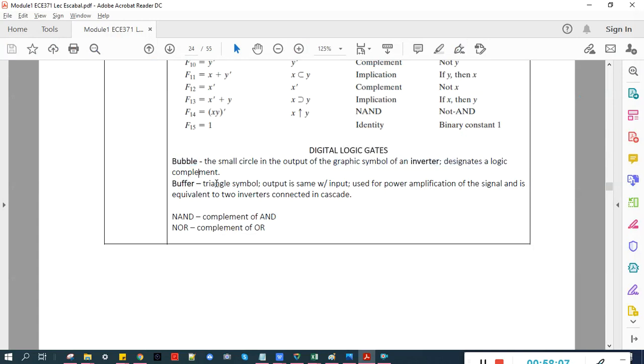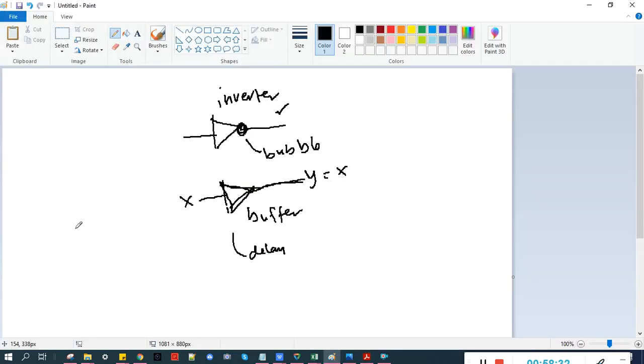The buffer, as I have already explained, has a triangle symbol. The output is the same as the input, used for power amplification of the signal, and is equivalent to two inverters connected in cascade. Why did it say such? Because sometimes an inverter is easier to construct with transistors.